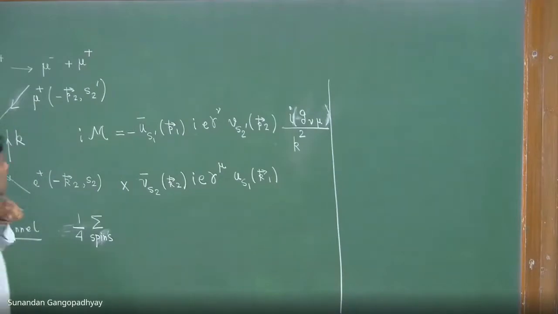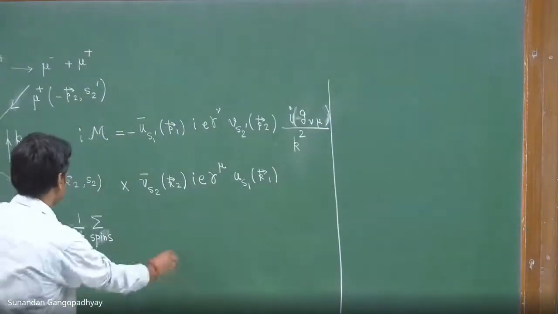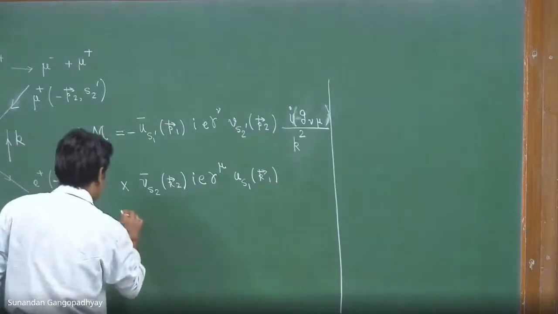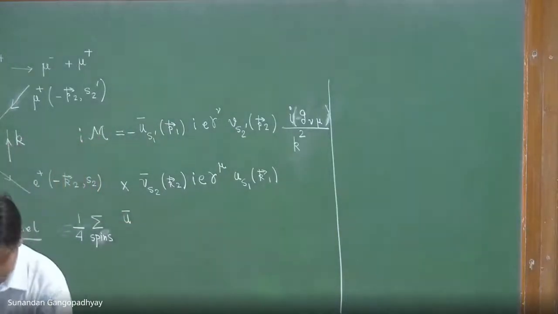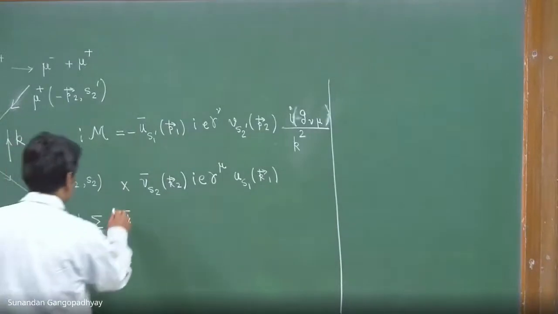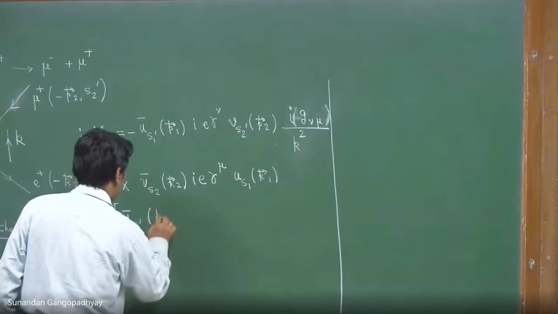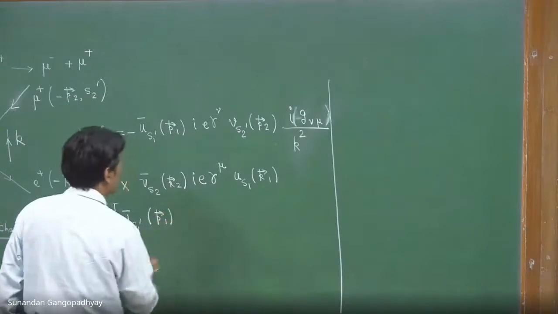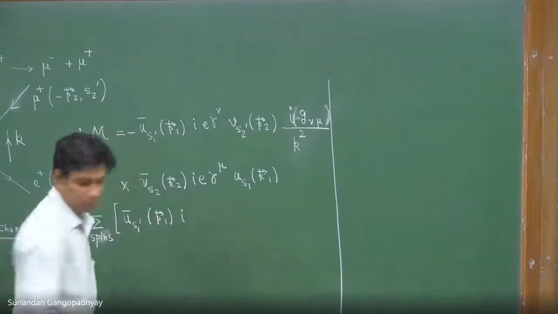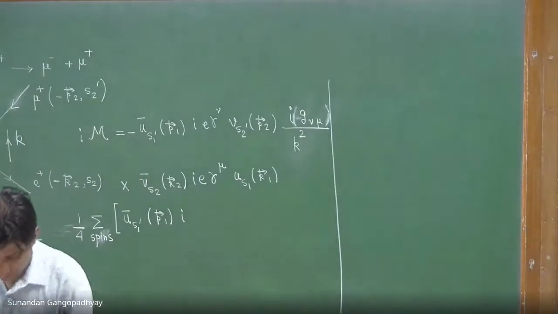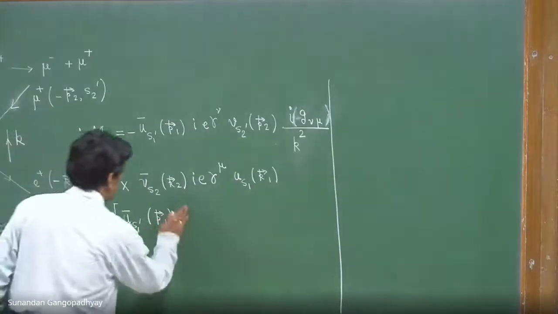So you have this, and then you take a mod square of this, so that will give us u bar S1 P1.